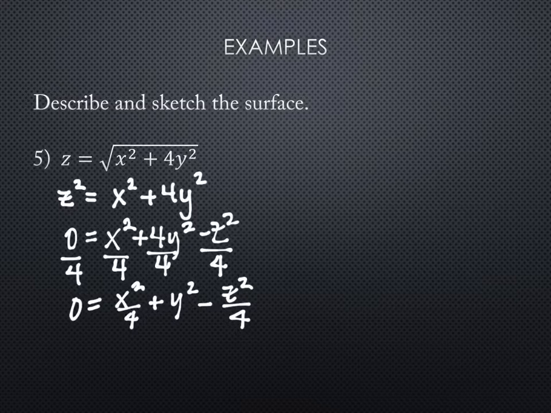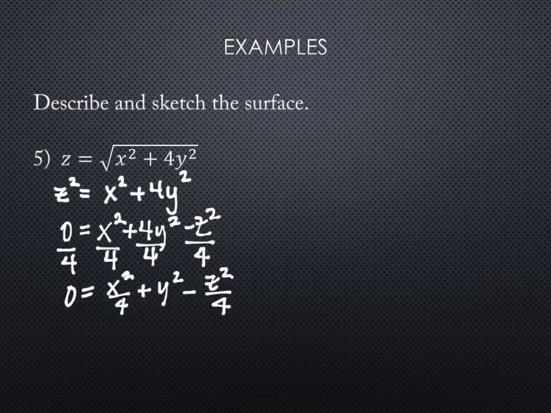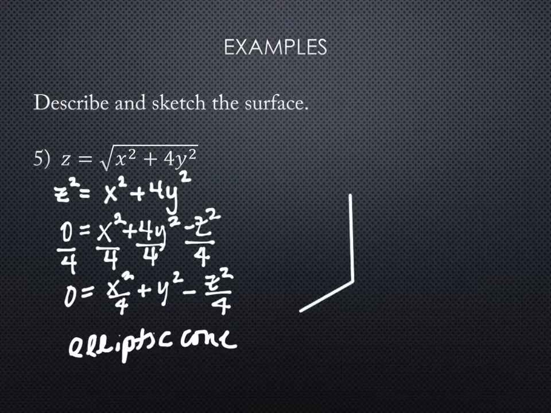So very nicely done, and we're going to identify what kind of a shape we have here. And again, looking back at my options, this one is an elliptic cone. So it kind of looks like an ice cream cone on top of another ice cream cone. The axis is the z-axis, excuse me, because that is the sign that is negative.